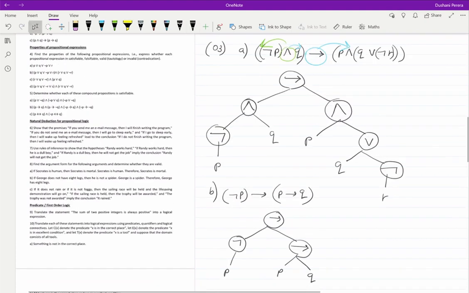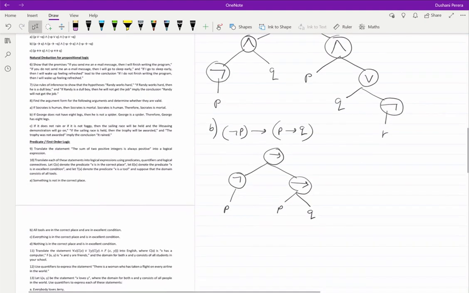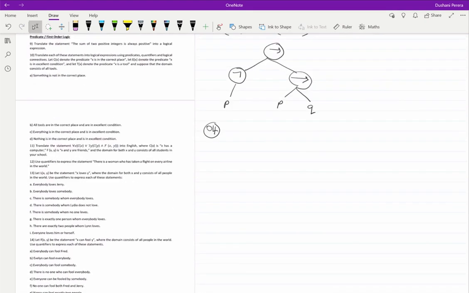Right. Part 4 says find the properties of the following propositional expressions. So we have to express whether these formulas are satisfiable or falsifiable or valid or invalid. So let's first look at what these actually mean. If a formula is said to be a tautology, then that means all of its outcomes will be true, will be 1. There'll be no zeros. In that case, it's a tautology.